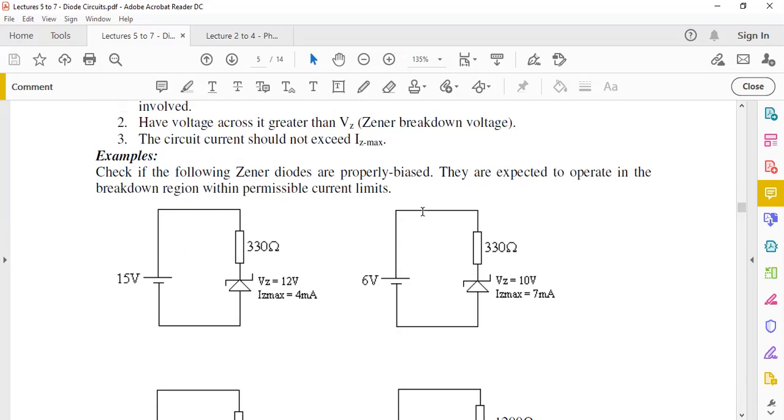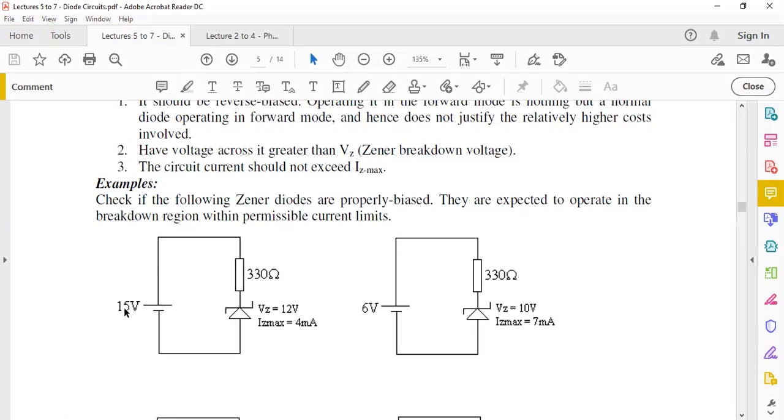For the second condition, we have to check whether we have more than 12 volts across it. If we check, yes, we have 15 volts. So this diode would take 12 volts across it, and the remaining 3 volts would appear across the resistor. Let me annotate this now. The main current I will flow through your resistor and your diode.